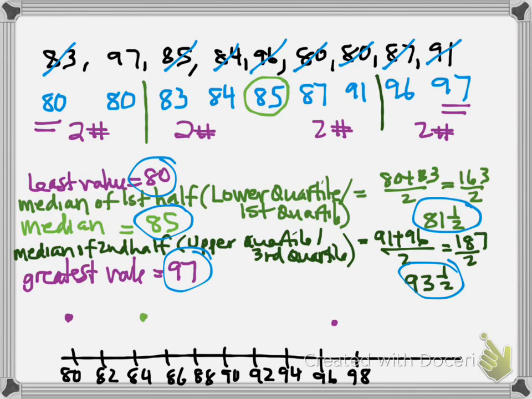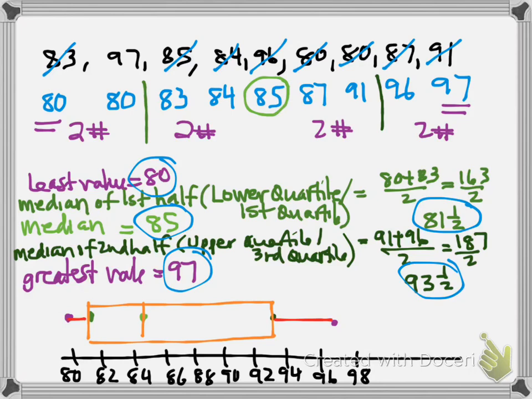My lower quartile was at 81.5, so about there. My upper quartile was at 93.5, so about there. Then I create a box, draw 3 vertical lines through the medians, and connect up to make one big box. And then I add my whiskers.